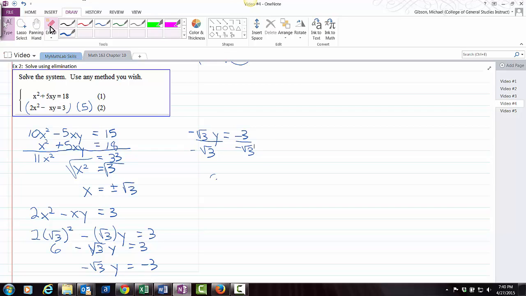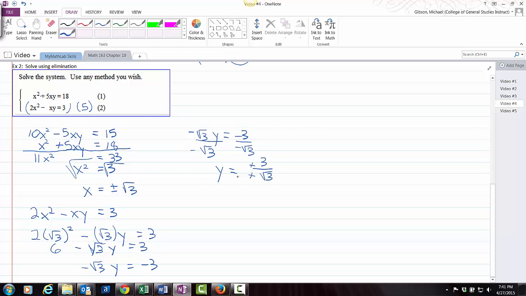Now this is maybe a little tricky here. On the left side, the minus square root of 3's cancel, right? So I've got y equals minus 3 over minus square root of 3. Well, I've got two minuses, those will cancel. What is 3 divided by the square root of 3?